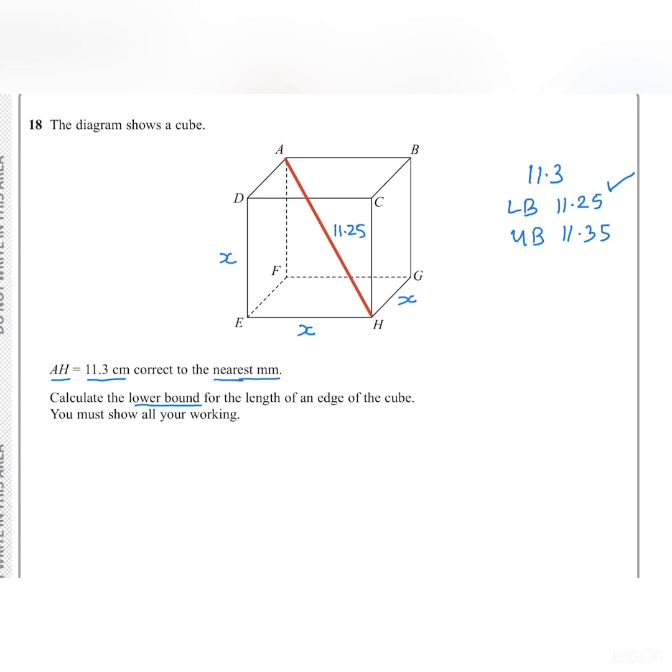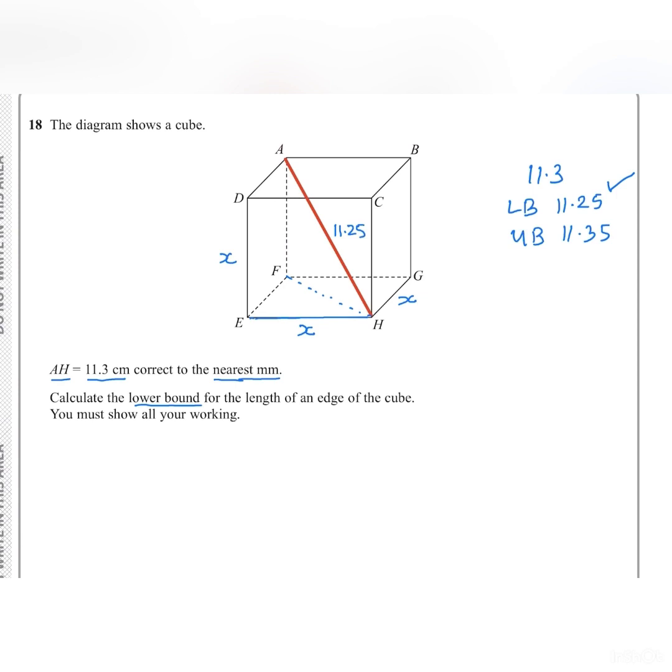Now we need to go back here and find the length of an edge of the cube. Now, how would they have found A to H? To find A to H, we need to find the distance between F to H and then A to F, because you can square them using Pythagoras' theorem to find what A to H is.